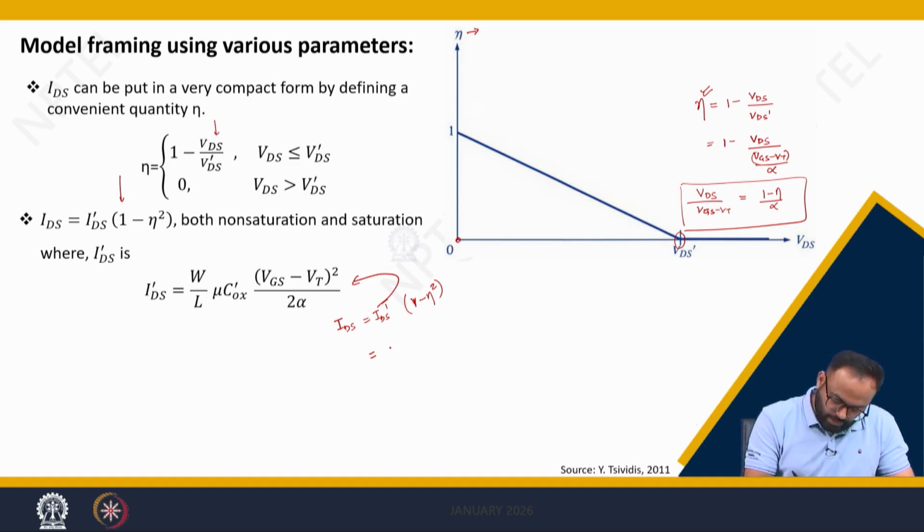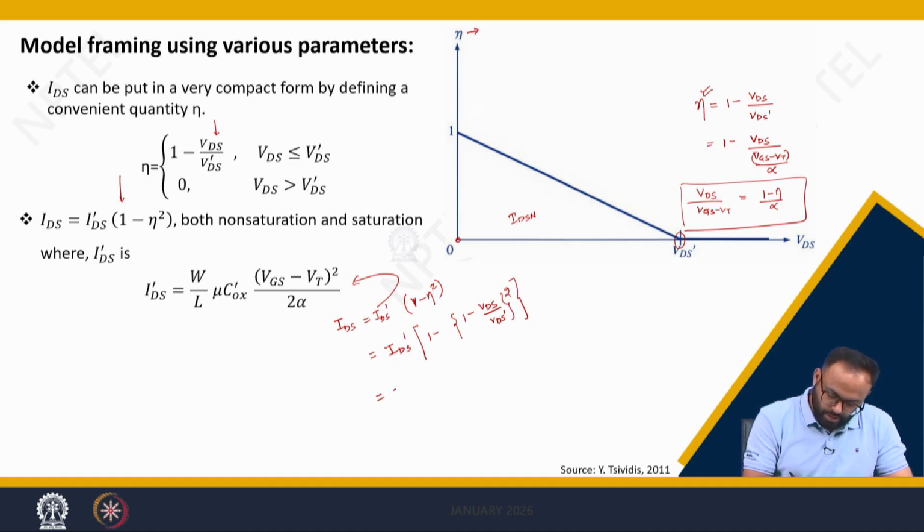I can check whether by solving this equation I get IDSN, the current in the non-saturation region. 1 minus eta, what is eta? It can be written as 1 minus VDS divided by VDS dash whole square.